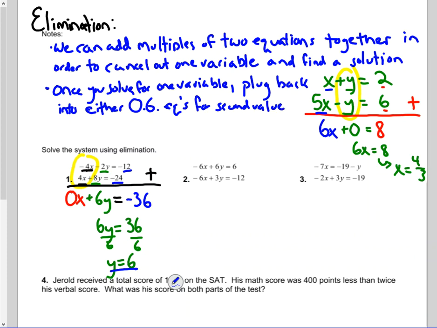This is because, just like yesterday, what we want, our solution is going to be that xy pair.